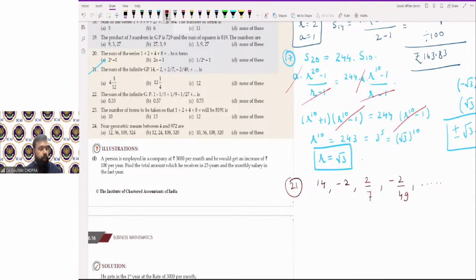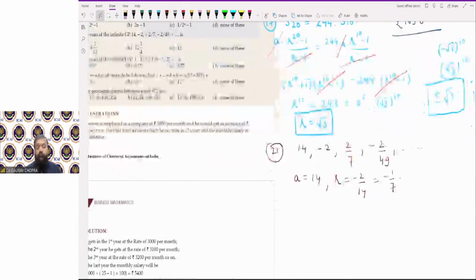So here, the first term is 14, and what is R? R will be minus 2 by 14, that is minus 1 by 7. So A and R both are available now.